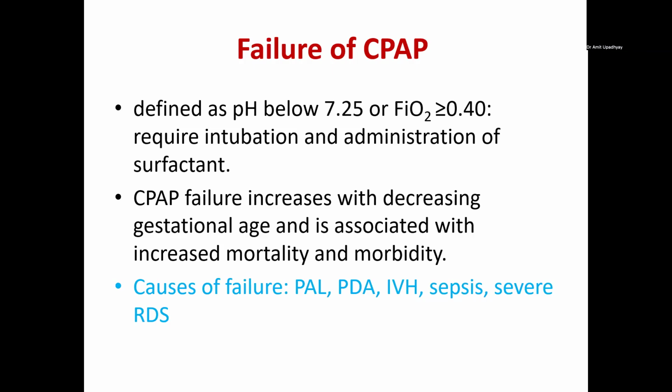Causes of failure of CPAP, it's not just progression of disease. One has to know that the natural history of RDS is to progress in the first 48 to 72 hours, then to stabilize by day 4 or so. Classical teaching used to be that diuresis is a marker of improvement in RDS that is about to come.